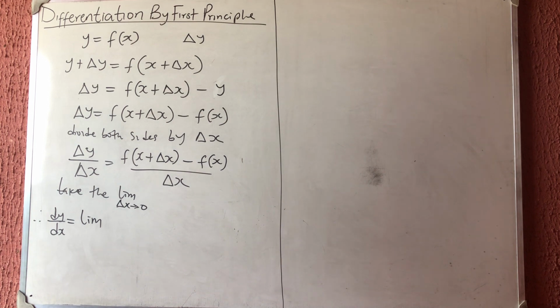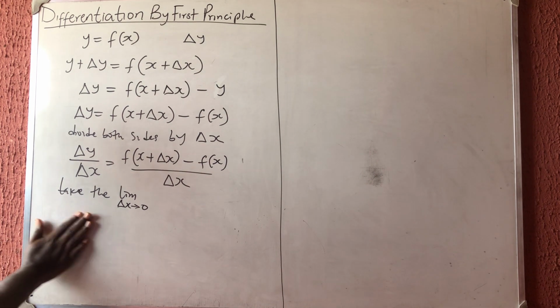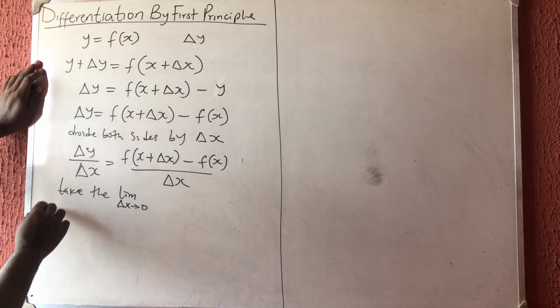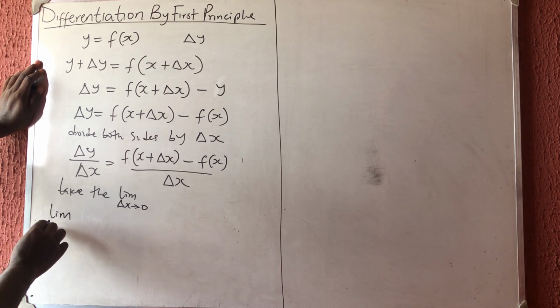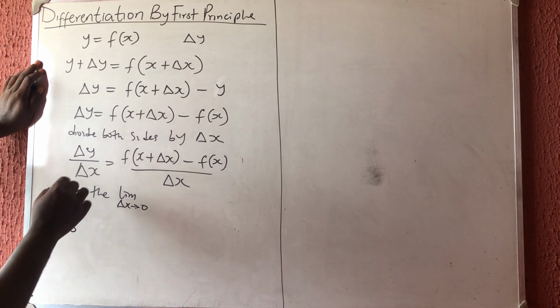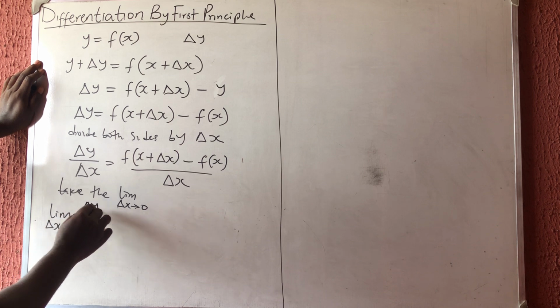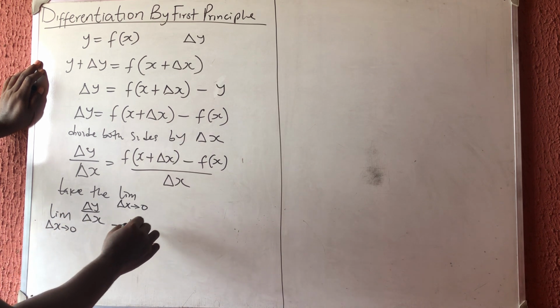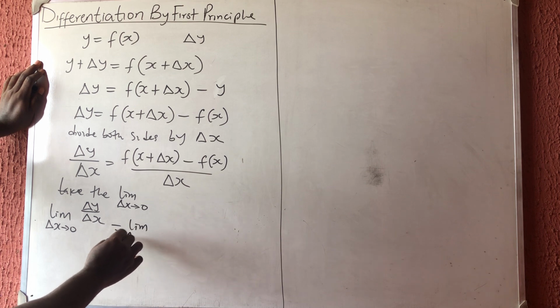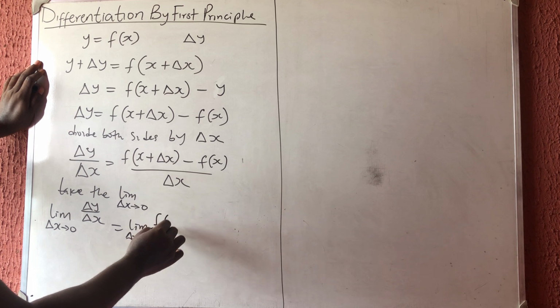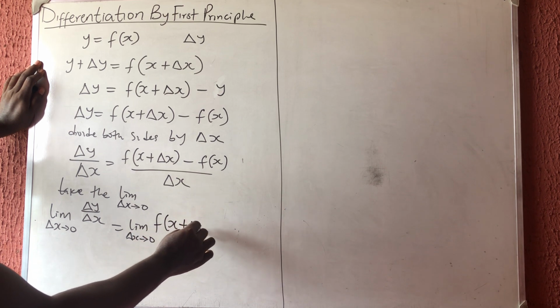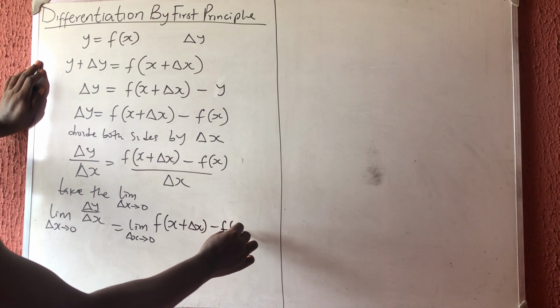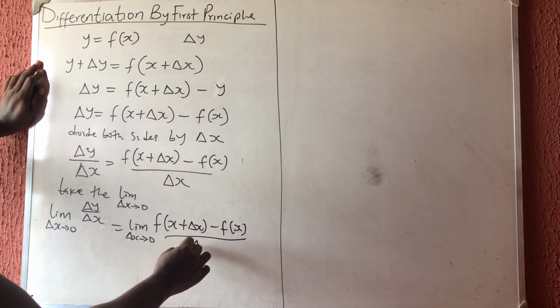We're taking the limit as change in x approaches 0 of change in y over change in x, which is equal to the limit as change in x approaches 0 of f of x plus change in x minus f of x all over change in x.